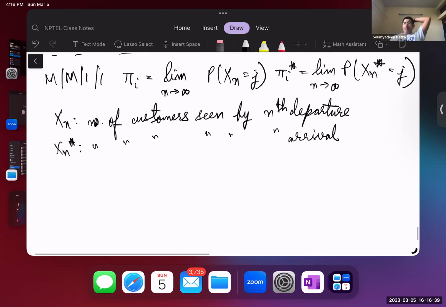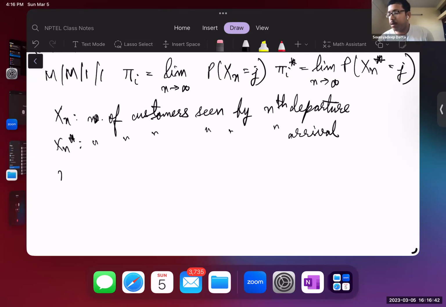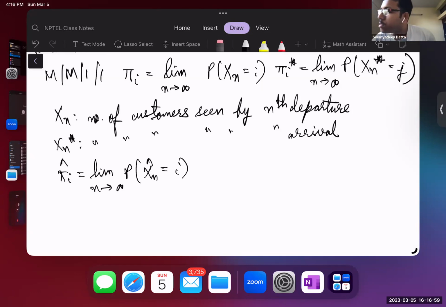And we have another quantity pi_i hat, and X_n hat is the same quantity but seen by an outsider. So with this premise, I'll come back to the problem. I'll just take a short break of 2 minutes.